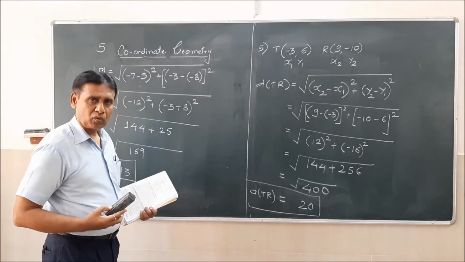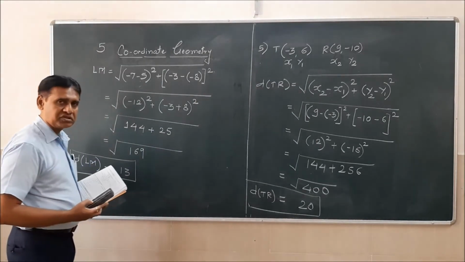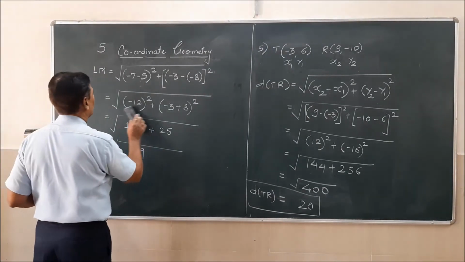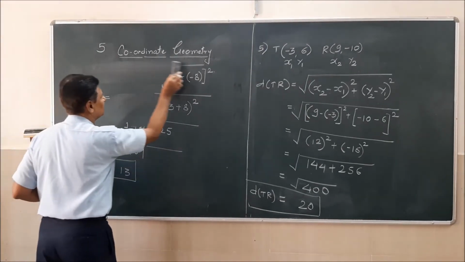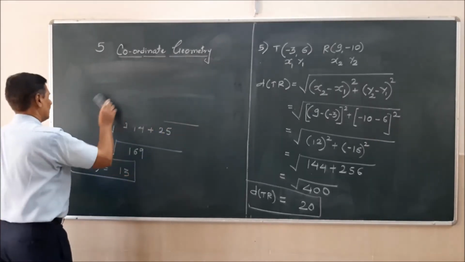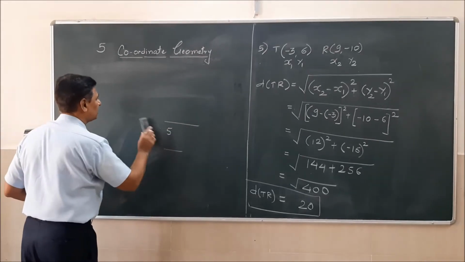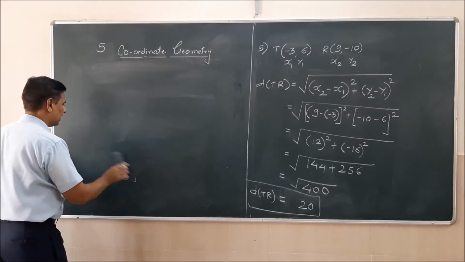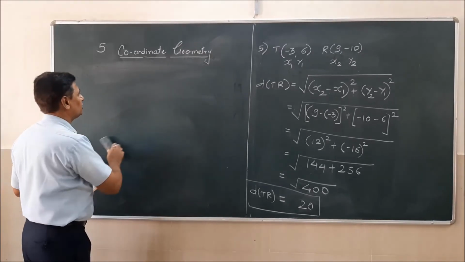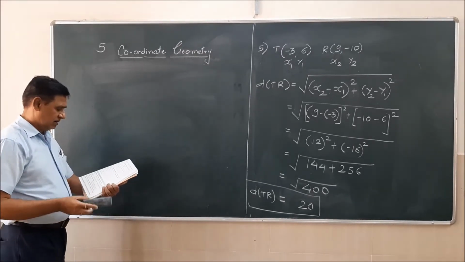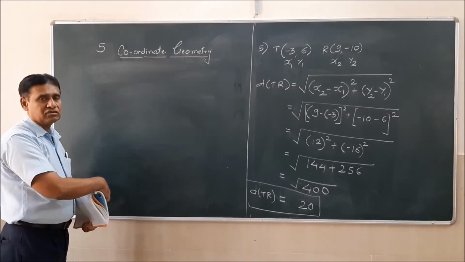Now there is one more question in question number 1. That is question number 6. In question number 6, you have to be a little bit careful because in calculations you will surely find fractions also.